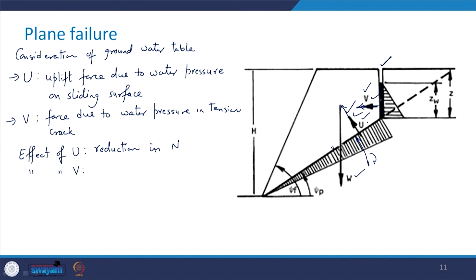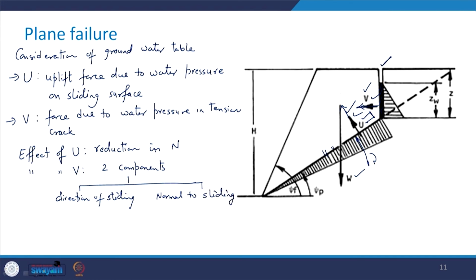So, it will have its component parallel and perpendicular to this discontinuity plane. So, this V will have two components: one component in the direction of sliding, and another one normal to sliding. Now, we need to keep in mind that all these forces are concurrent.